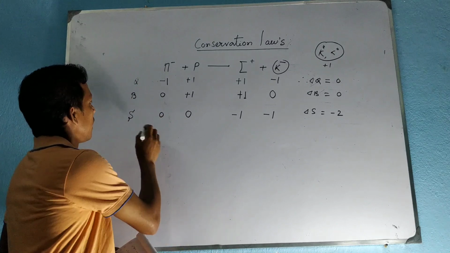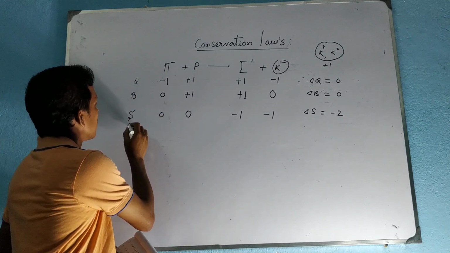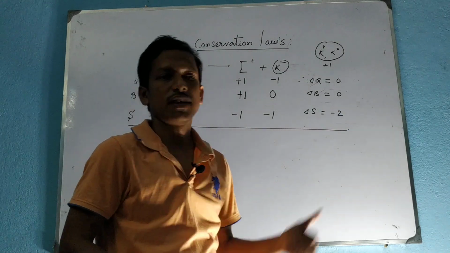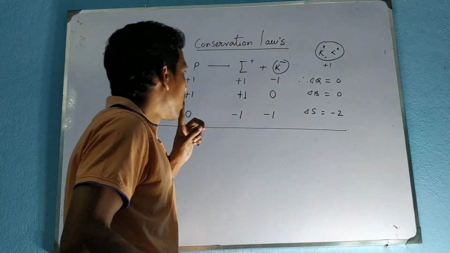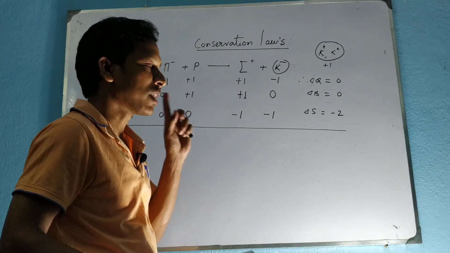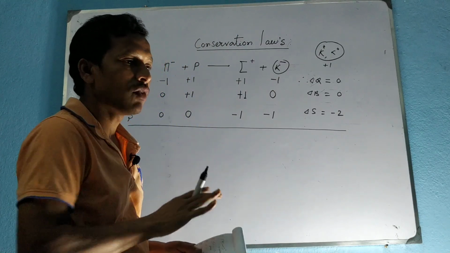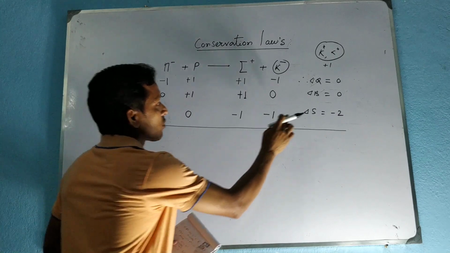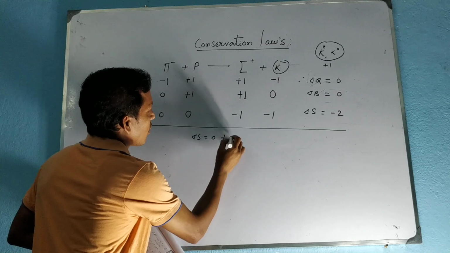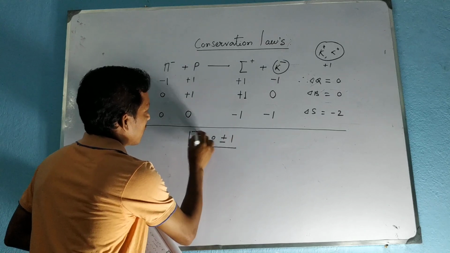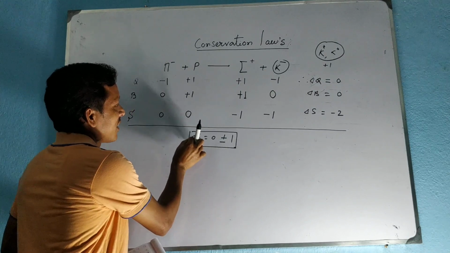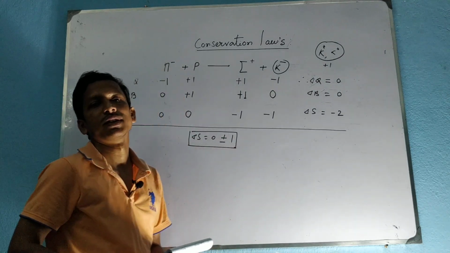That means the strangeness quantum number is not conserved in the reaction. But keep in mind one very important thing: for any allowed reaction, delta S must be 0 or plus or minus 1.